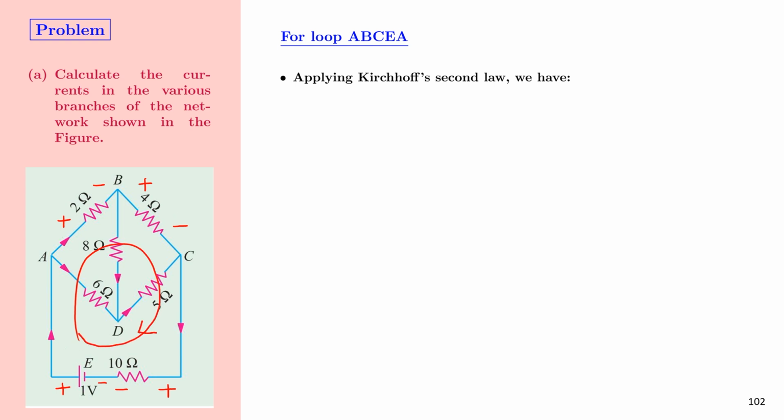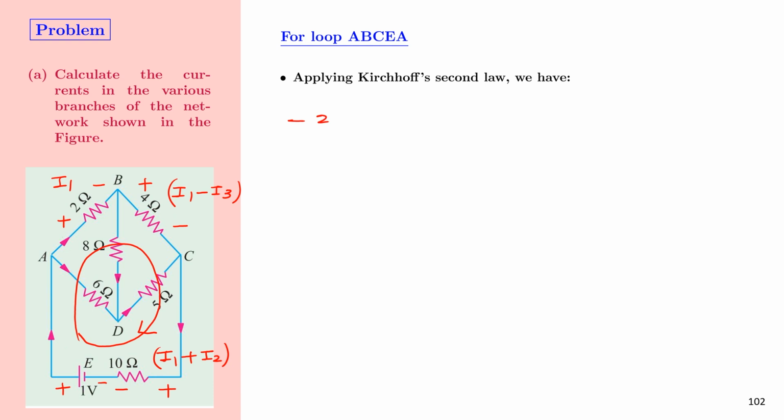The current through the 2 ohm resistor is I1. That through the 4 ohm resistor is I1 minus I3. And the current through the 10 ohm resistor is I1 plus I2. As we move from A to B, we see a fall in potential.